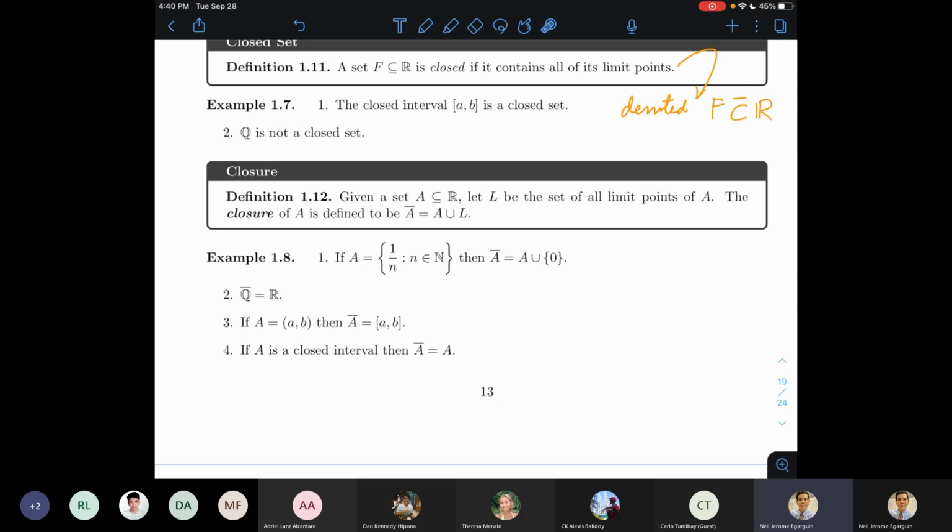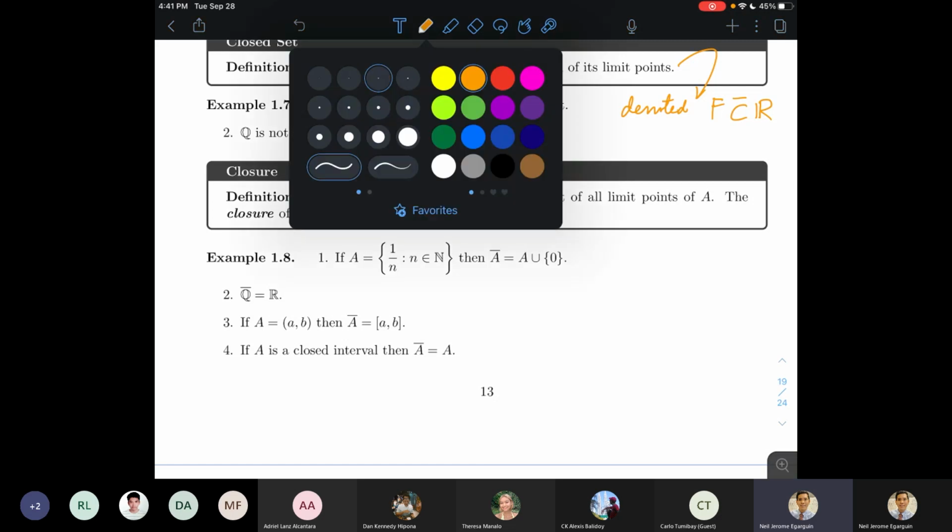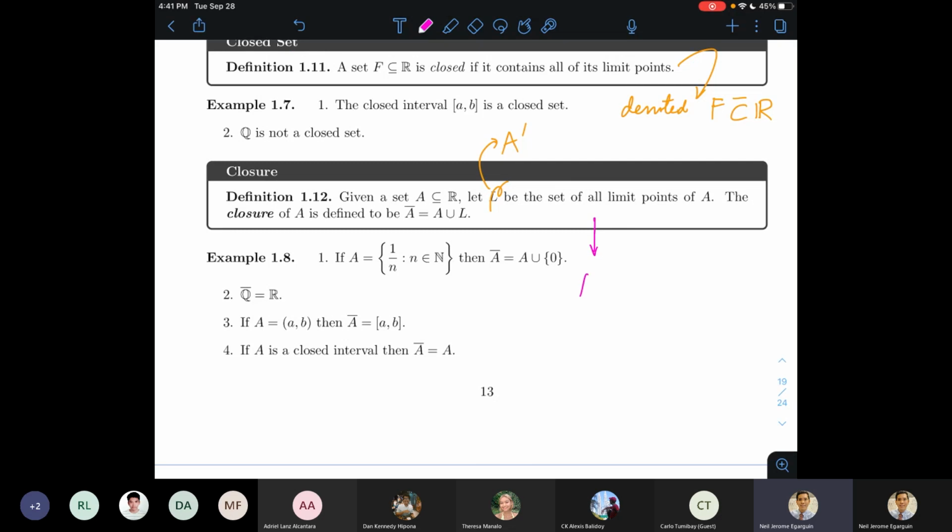Instead of simply calling it as L, let's replace this by A prime. Okay. So given a set A, subset of R, A prime is the set of all limit points of A. So yung A prime, siya yung lahat ng limit points ni capital A. So we call A prime, so maybe I will put as a remark later, A prime is called the derived set.